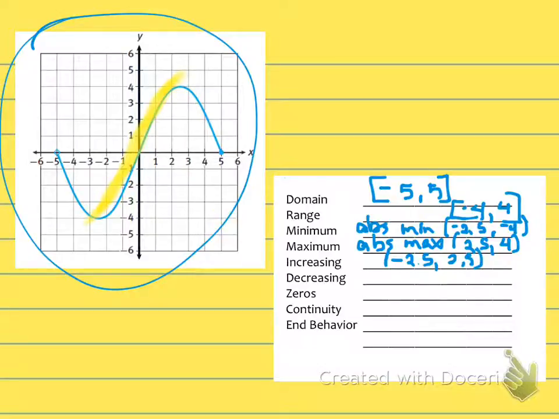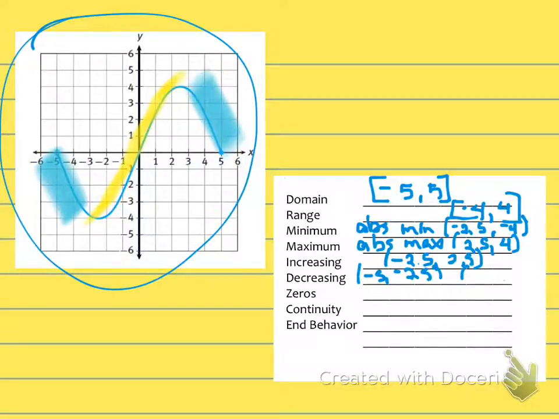On the other hand, it's decreasing. Let's change colors. It's decreasing over here and over here. So it's decreasing from negative 5 to negative 2.5.